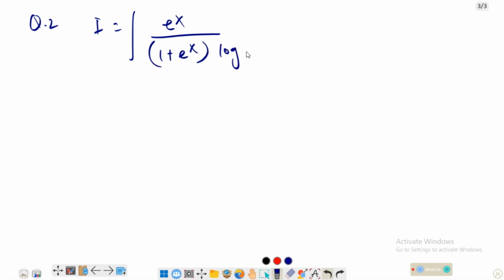Now question number 2 is the integration of e to the power x upon 1 plus e to the power x into log of 1 plus e to the power x dx. So how to approach this problem? First of all, we assume log of 1 plus e to the power x is equal to t.